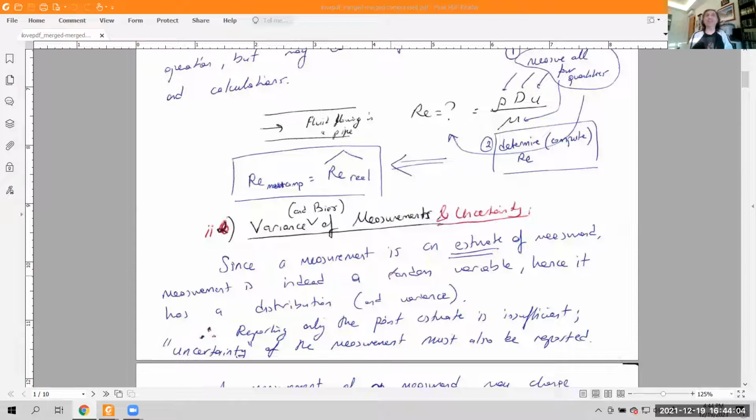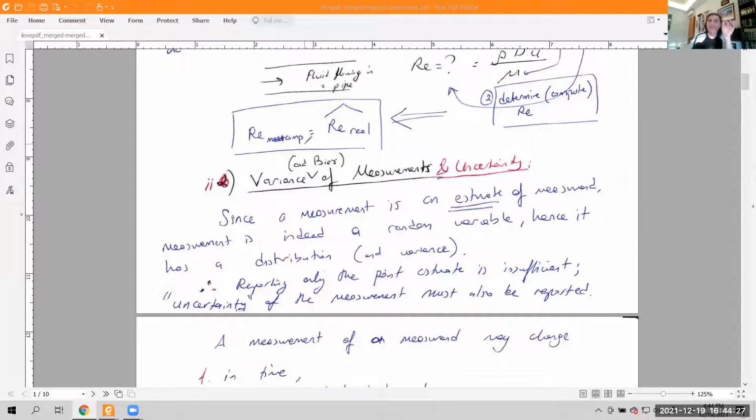Therefore, just reporting a single point estimate is not sufficient. So just saying that we compute or we measure Reynolds number to be equal to a single value is not sufficient. We also report a potential error term or a variance term, which here in measurement theory is called uncertainty related with that measurement.